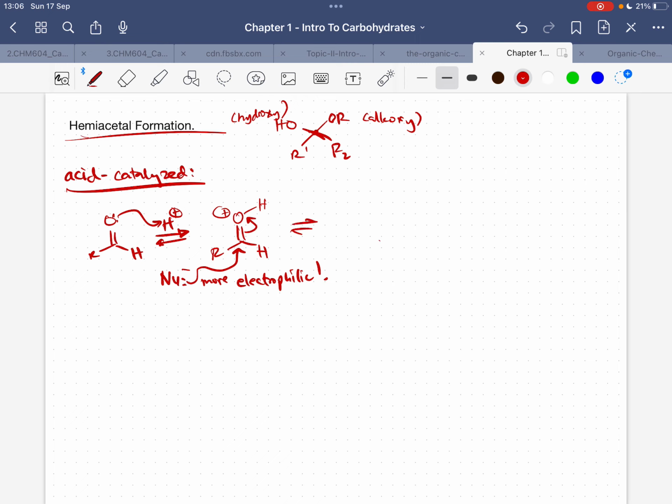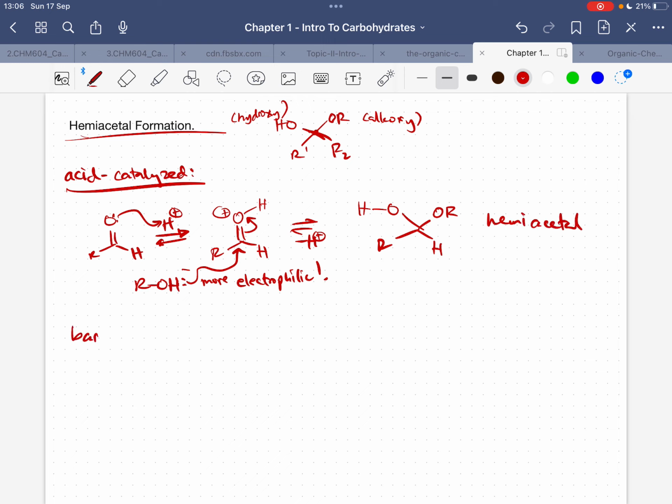So now you have R. Oh, let's just say the nucleophile is an alcohol because ang hemiacetal is a na form siya when an aldehyde or a carbonyl compound reacts with an alcohol. Okay, so this is now an OR. Okay, so H. So this is a hemiacetal.